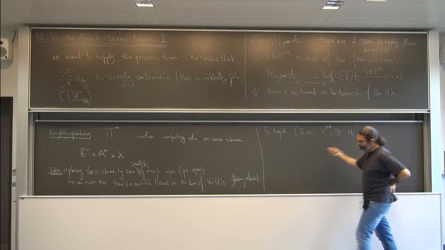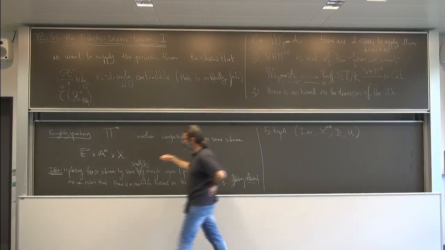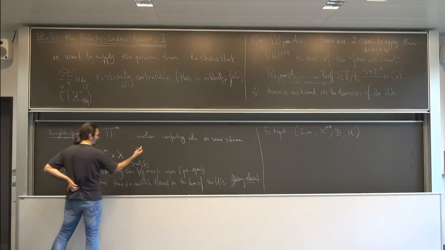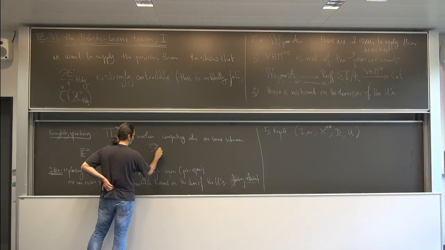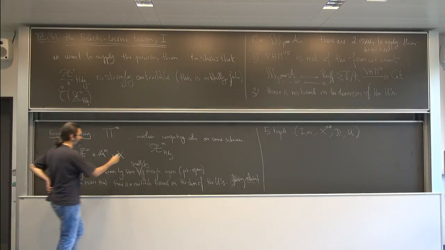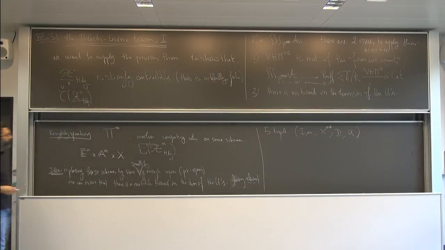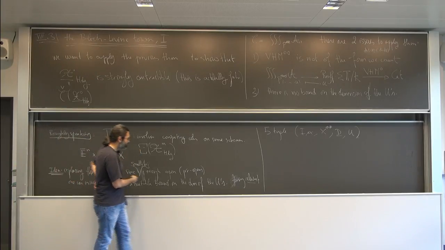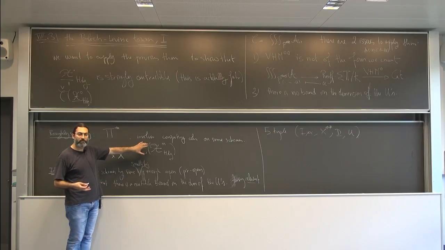What I mean by relevant 5-tuples: if we want to compute the cohomology of these schemes with values in these complexes, we don't need all the values on all schemes.